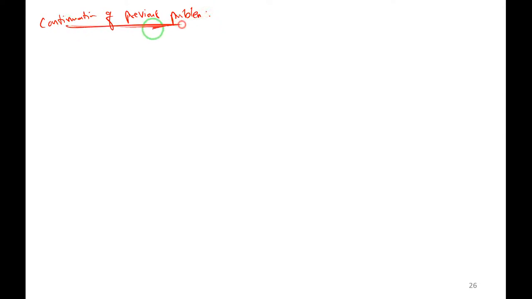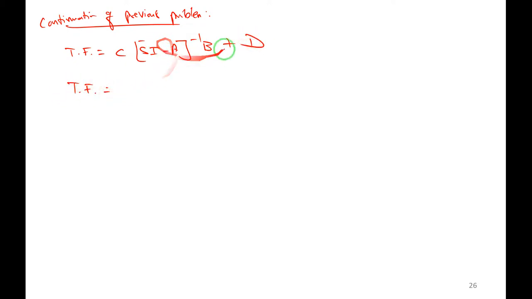So don't get confused. Transfer function equal to C (sI minus A) whole inverse B plus D, right? Okay, write it. So transfer function is equal to C inverse B. What is C inverse B?